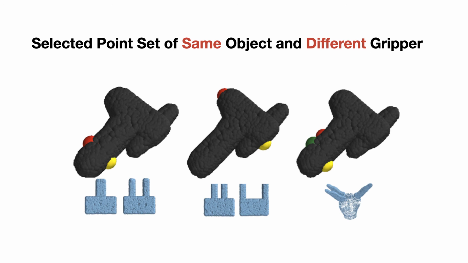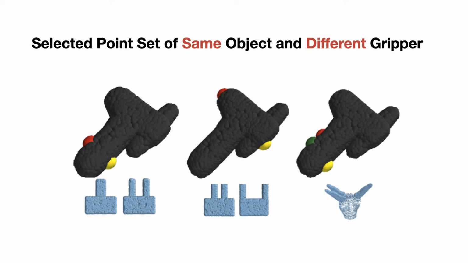Given the same object, our model would output different contact point sets according to the input gripper. The black points represent the object in top view. The red, yellow, and green spheres indicate the contact point set selected by our model in stages 1, 2, and 3 respectively.